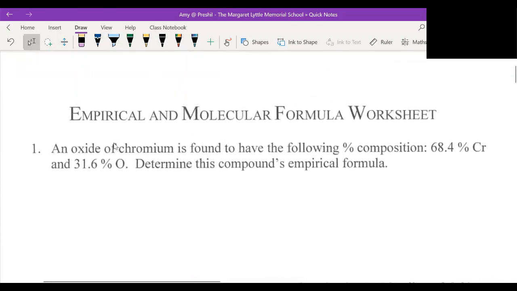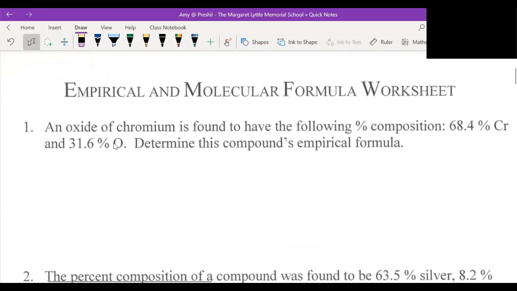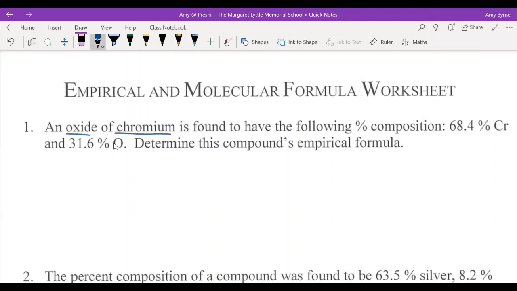An oxide of chromium, so it only has those two elements in it, is found to have a percentage composition that is 68.4% chromium and 31.6% oxygen.